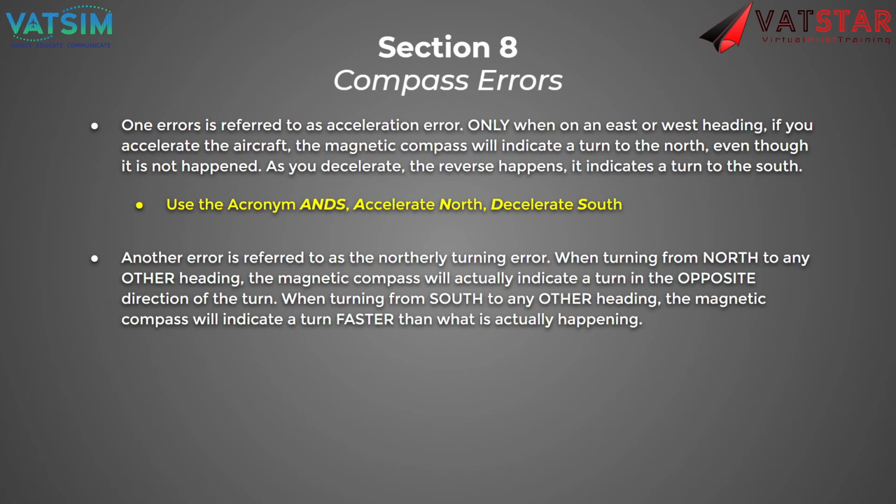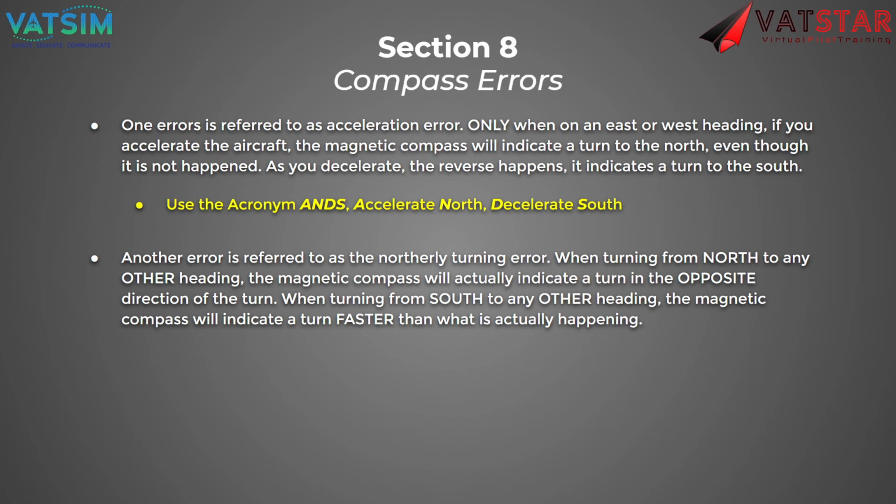All right, so another error is what we call the northerly turning error. Now, this one's going to sound a little ridiculous. You're going to be like, oh, how can an aircraft instrument be this unreliable? Well, it happens. Let's say you're flying northbound, on a 360 heading, which is exactly due north.